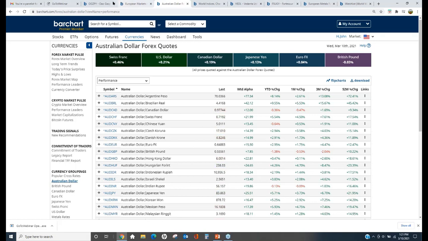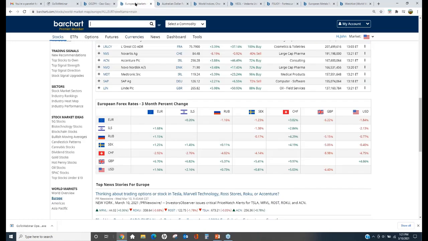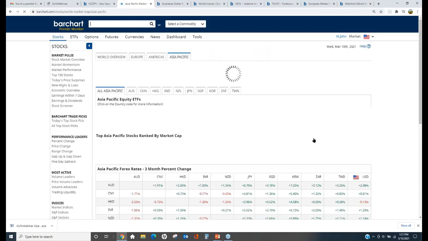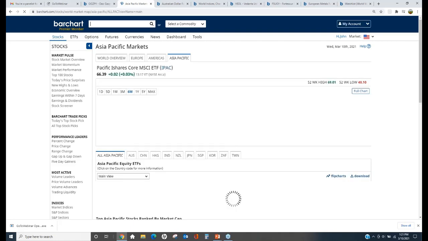So now we'll go back to our world markets, but now we're not going to be in Europe. We're going to go into Asia Pacific because we're looking at Australia. And notice again, here we are in our regions. So we'll pick on Australia.